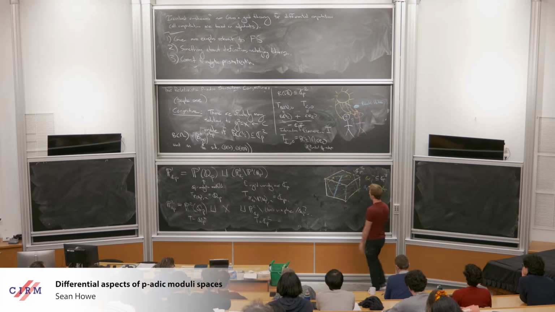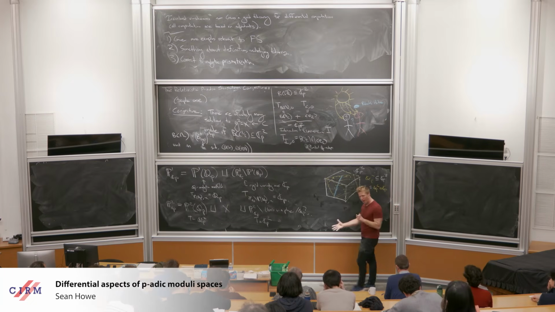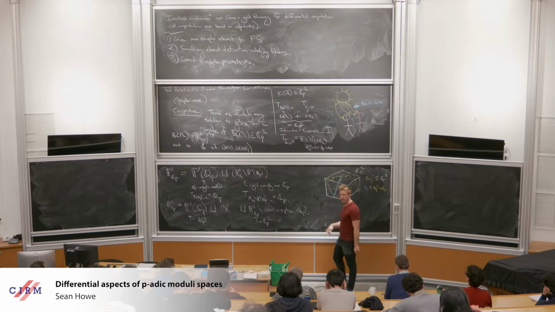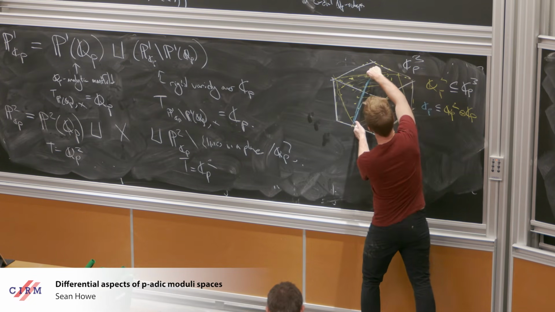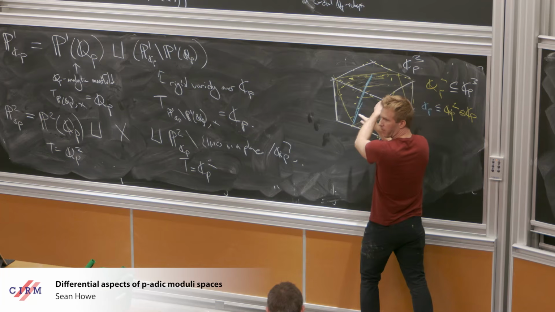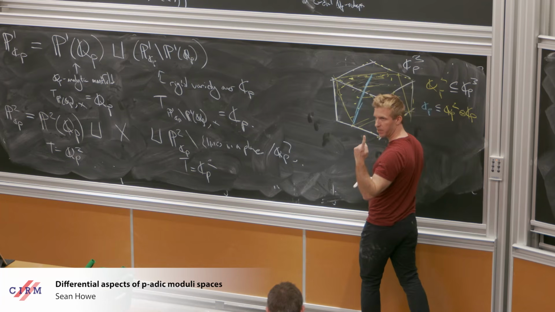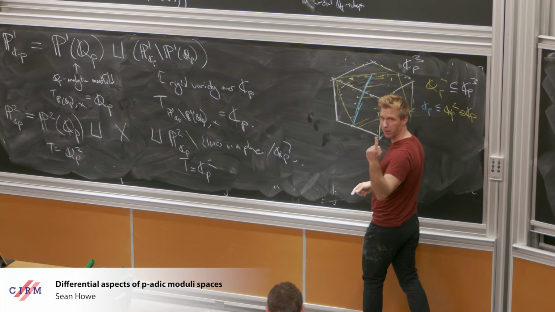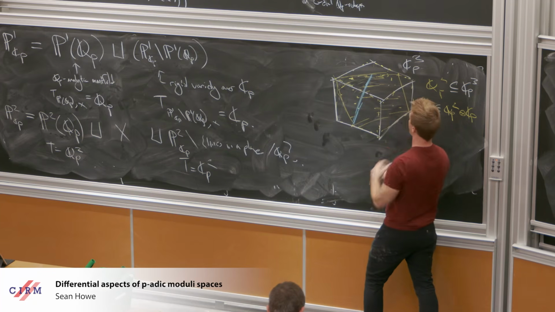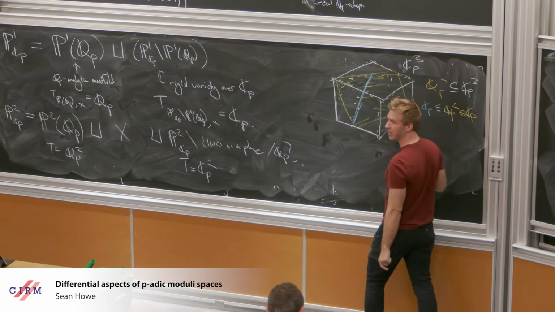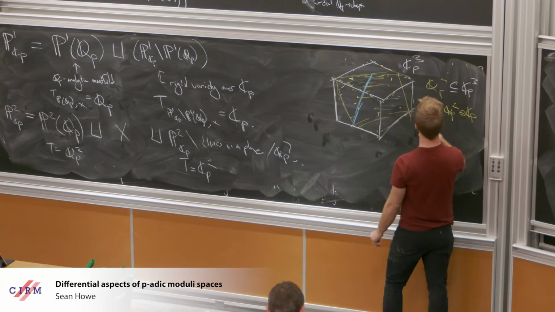But you just look at this picture and you know what its tangent spaces are, because how do you move around inside of this moduli space? Well, I have two options. I can move my CP line inside of my plane. That gives me one CP degree of freedom. Or I could move my plane inside of CP cubed.